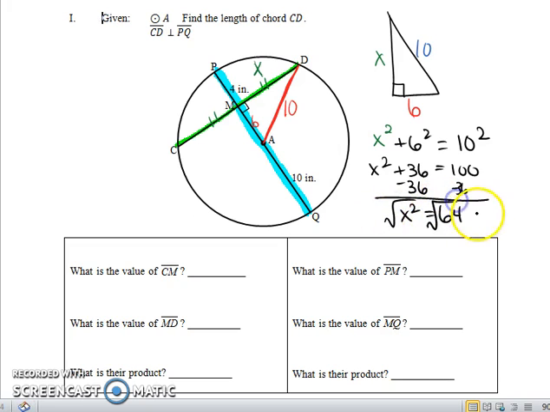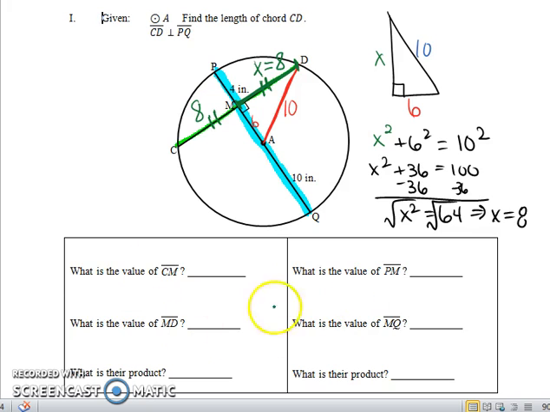And square rooting, we get a final answer of x being 8. So that means that right here from M to D, which we called x, that is 8. So if M to D is 8, and that is congruent to segment CM, we know that from C to M is also going to be 8.